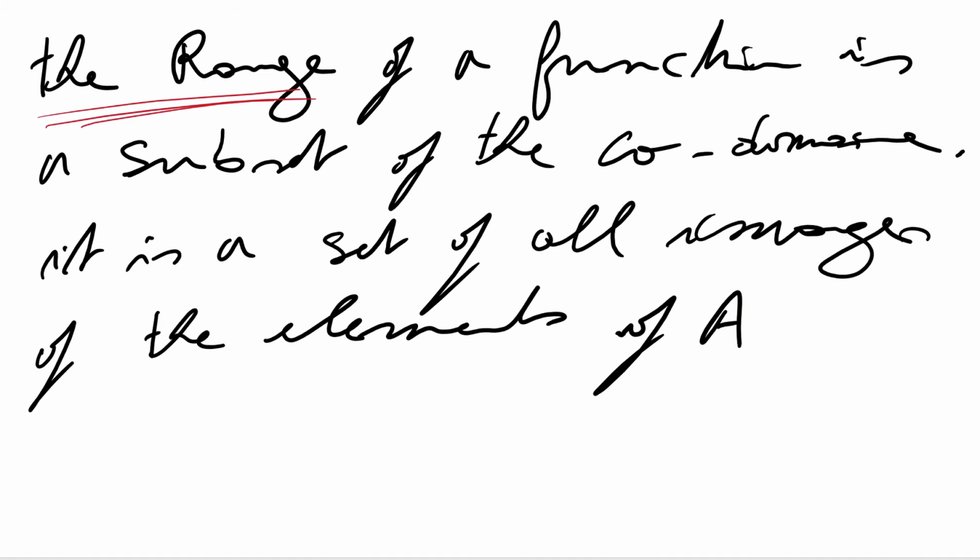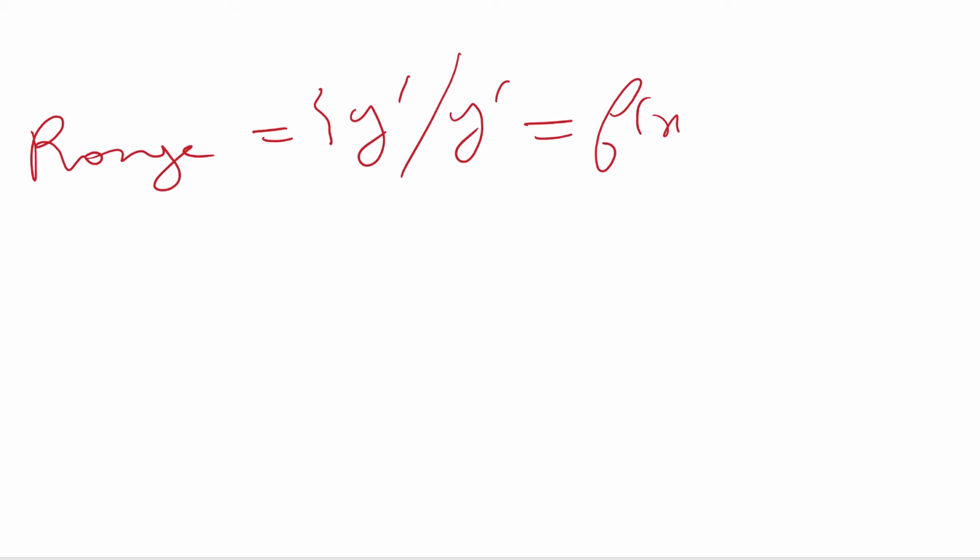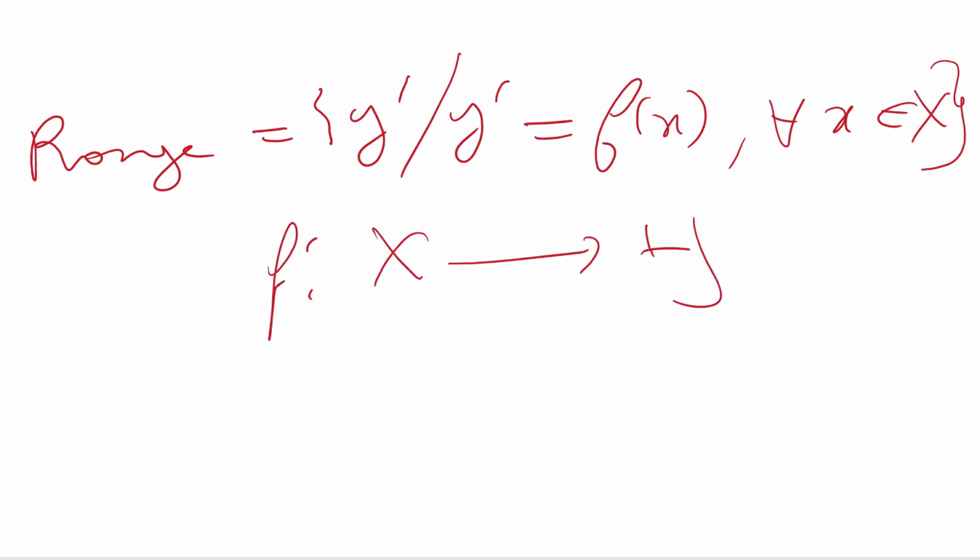In this case, you're assuming that the function is defined from A to B. So when you pick something in A, you get the image in B. We can write it this way: the range equals the set of y' such that y' equals f of x for all x in X. We know that f is defined from X to Y, so the range of this function should be a subset of this set.